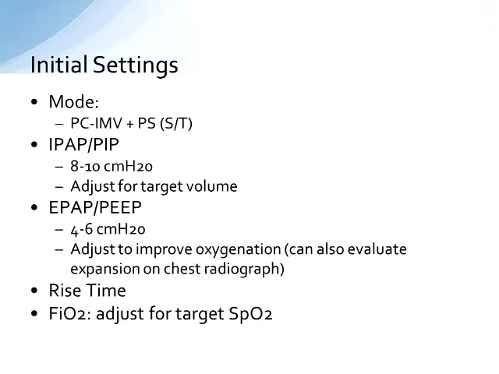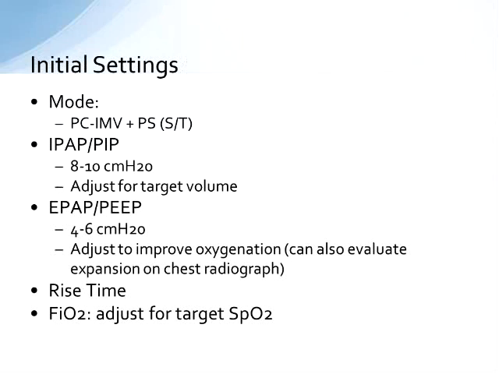Rise time is really, really important here. Rise time being the speed at which the breath is delivered to your patient. Each machine tends to do this a little bit differently, so I encourage you to get in your user manual and figure out what the numbers mean as it relates to rise time. Some machines use seconds, some just use arbitrary numbers, and so you need to know, is 1 faster or is 9 faster when it concerns your patient.